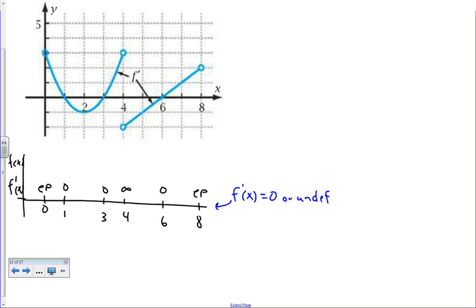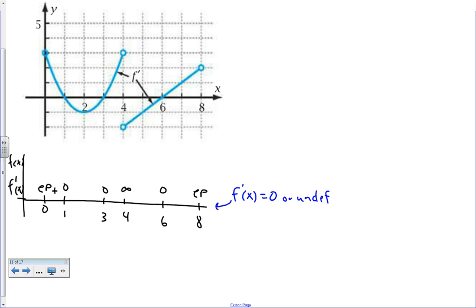And now what I want to do is fill in between these what function f prime is doing, whether it's positive or negative, and that will tell me something about function f. So if I look between 0 and 1, start on the far left here, my derivative function is above the x-axis. So that means my derivative is positive, so I'm going to put a little plus sign there.